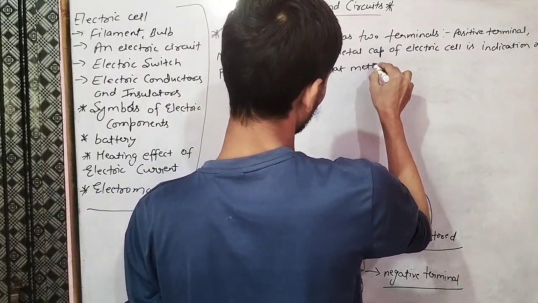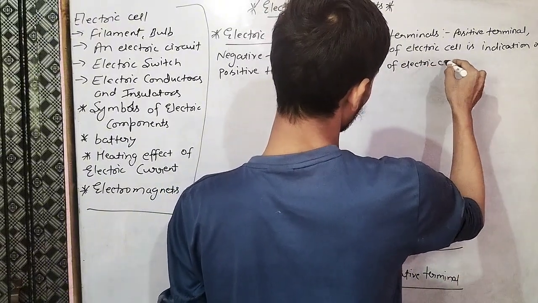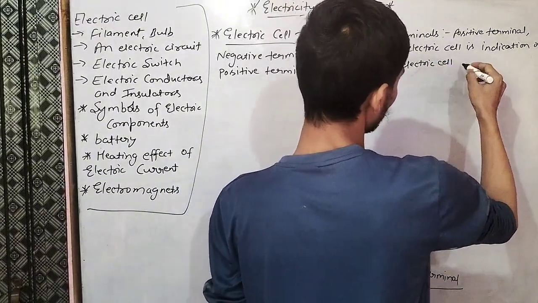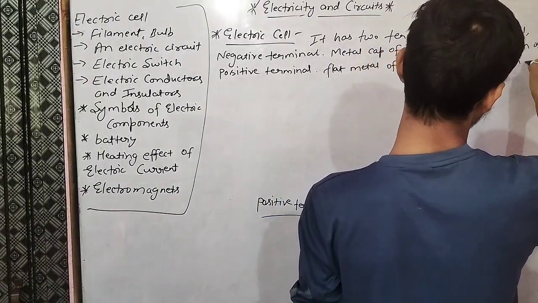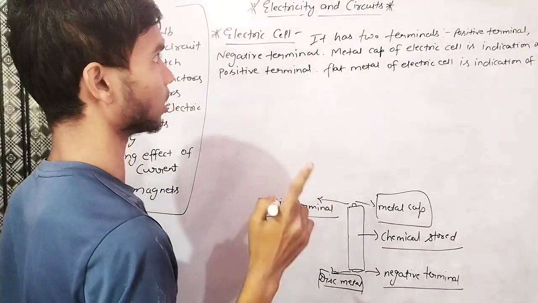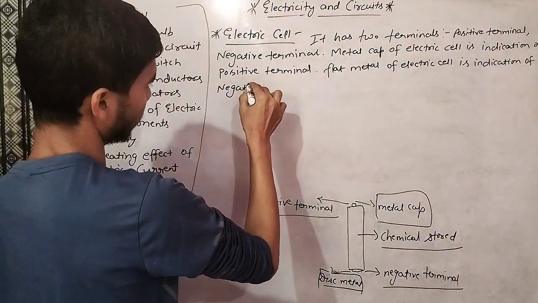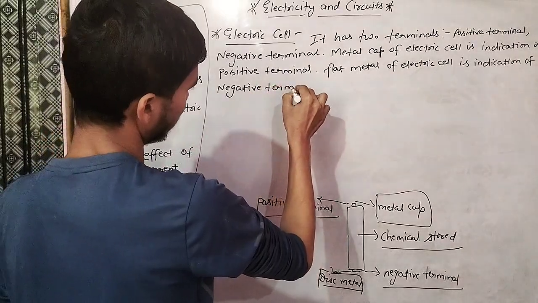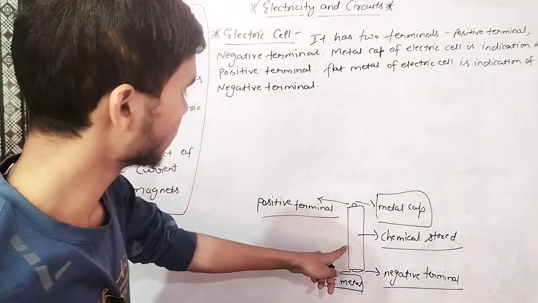The flat metal of the electric cell is the indication of the negative terminal. Got it?